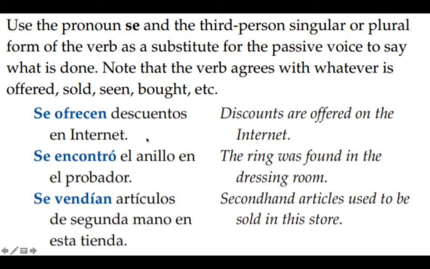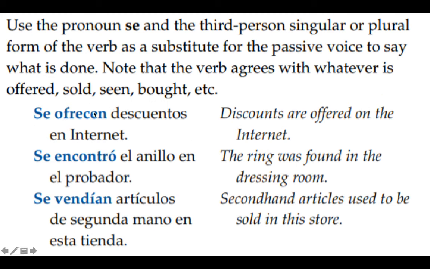Also, you can see some of these impersonal expressions with either the third person singular or the third person plural form of the verb. And this sort of communicates passive voice, saying that something is offered, or something is found, or something is sold. Okay? For example, se ofrecen descuentos en Internet.